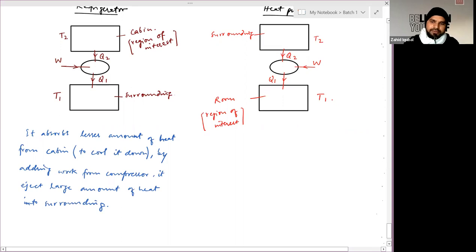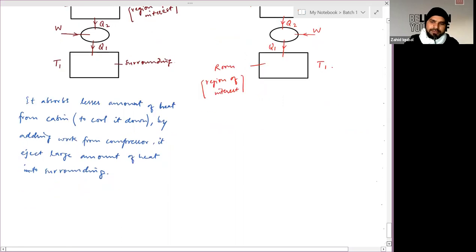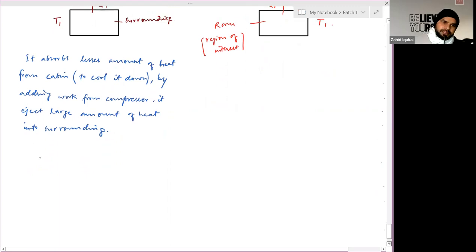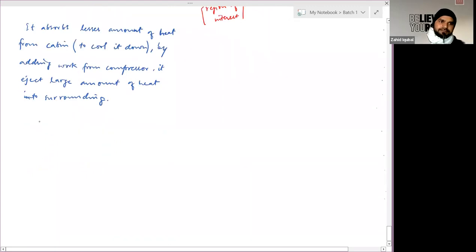So if you have to calculate the working performance, alpha in this part is how much energy is being ejected out from the cabin to the amount of work done by the compressor.